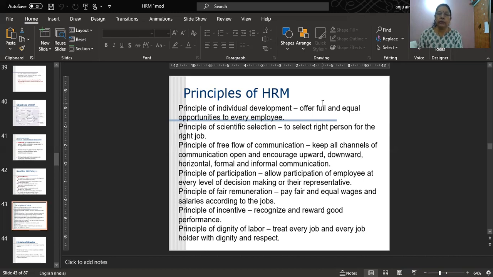Formal communication is the communication which is sent formally, which is seen by all, like circulars, memos, reports sent to each other, to their bosses, through email, written letters, the phone, or WhatsApp message. These are all formal communication.